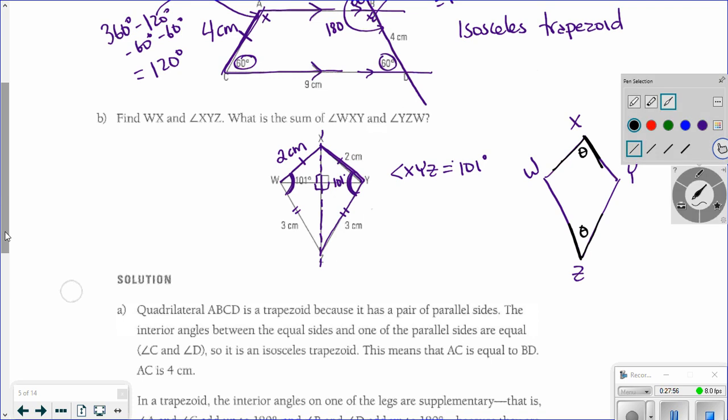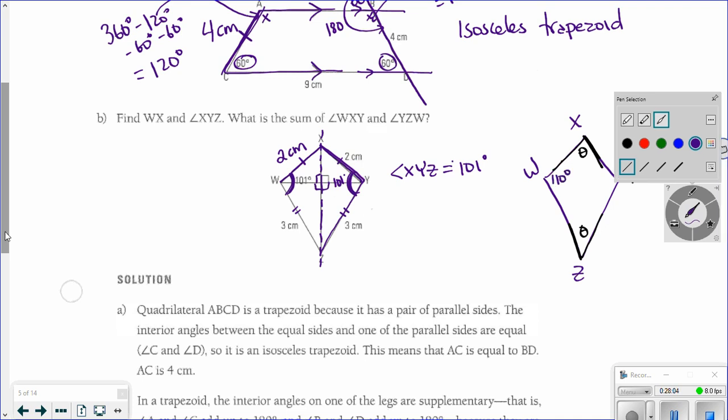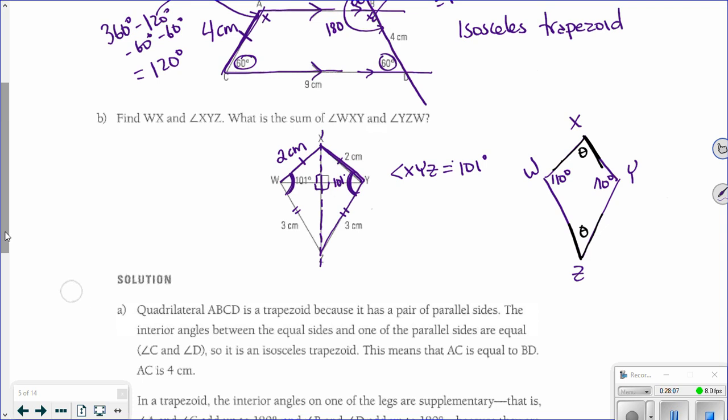I know in a trapezoid or in a kite or any quadrilateral, my angles add up to 180 degrees. So I know this is 110, and I know this is 110. So it's saying if I add, or sum means add, angle WXY and YZW, I've got these two added together. My total has to be 360 though. So 360 minus 110 minus 110 is 140.